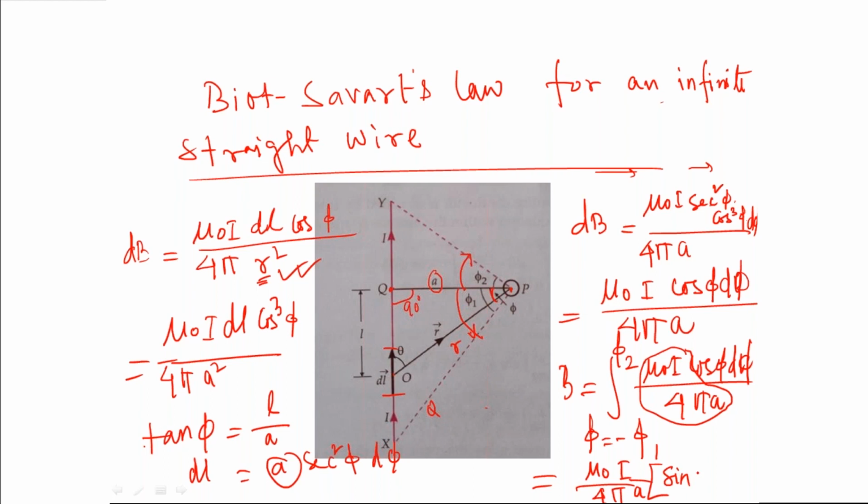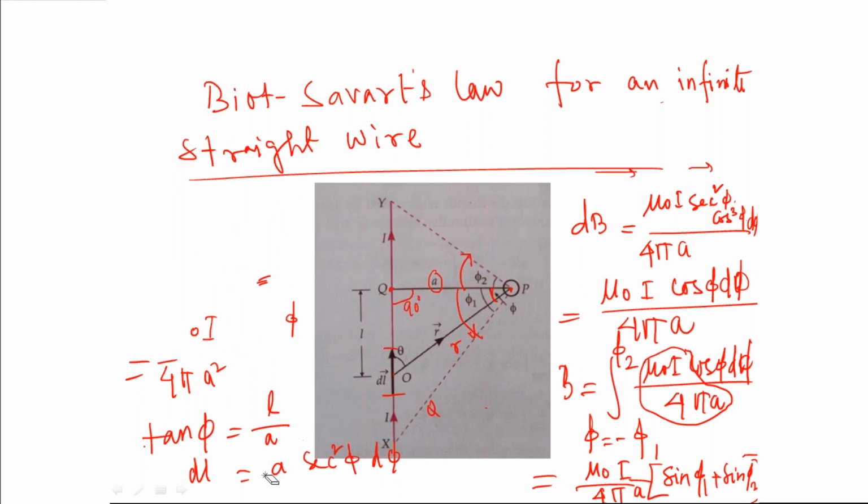Okay, I'll clean this portion and write again here the final expression for the magnetic field.